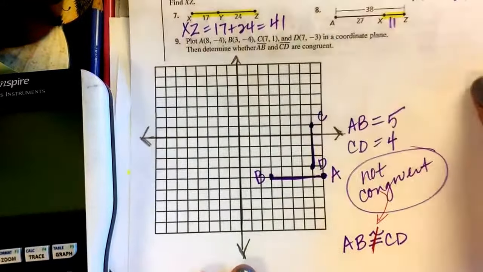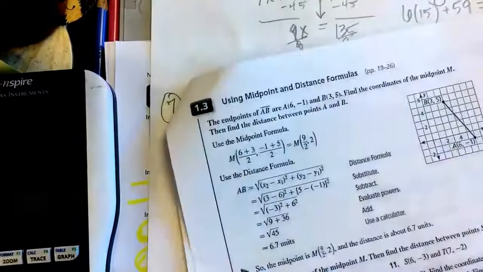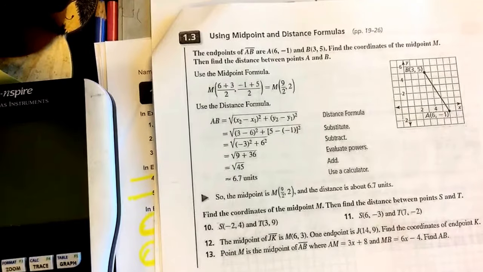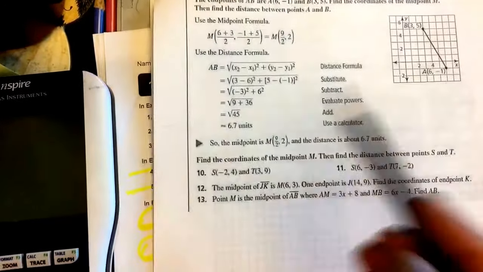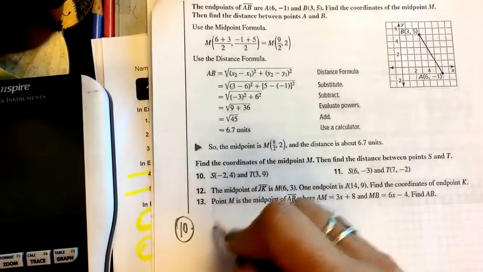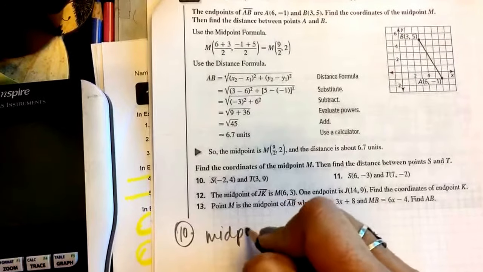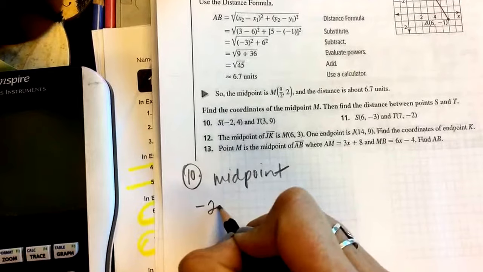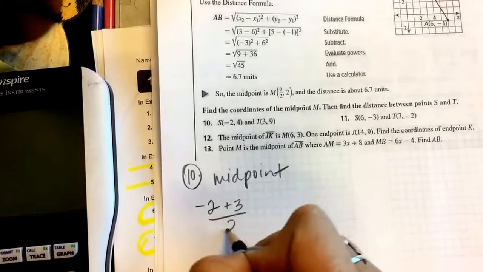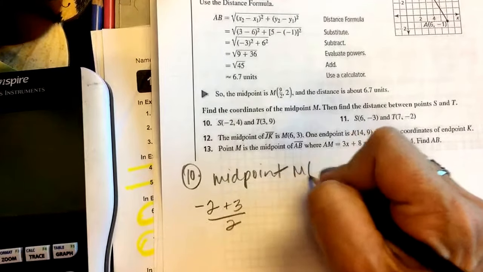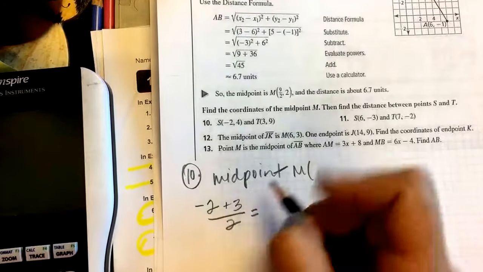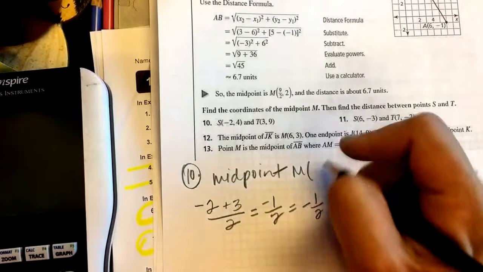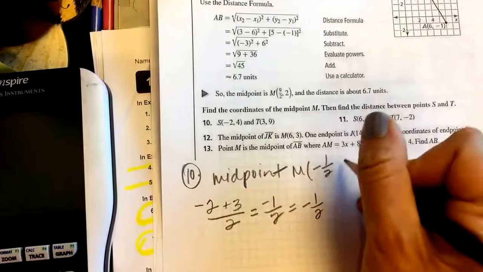Move into number 10 on the next page. So 10 and 11 actually had 2 parts, and when I was checking in the homework, I didn't look too closely at this. 10 and 11 both want midpoint and distance. For number 10, the midpoint is going to come from the x values, -2 plus 3 divided by 2, midpoint M. That's going to be -1 over 2, so -1/2 for the x value.